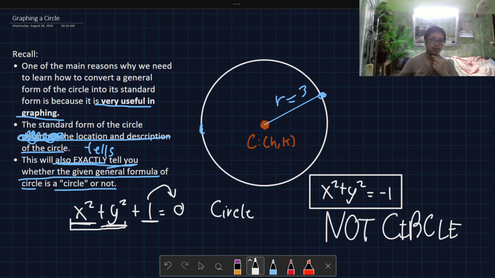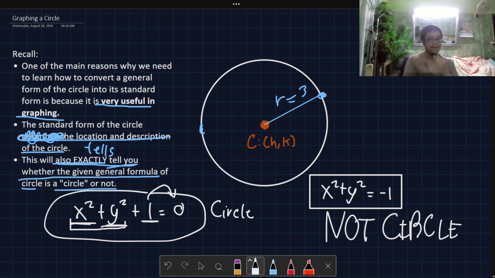How do I know that it is not a circle, despite the fact that if we see these, as long as the coefficients of x squared and y squared are the same, it's a circle? So if the general formula is a circle, why is it that the standard form is not a circle?